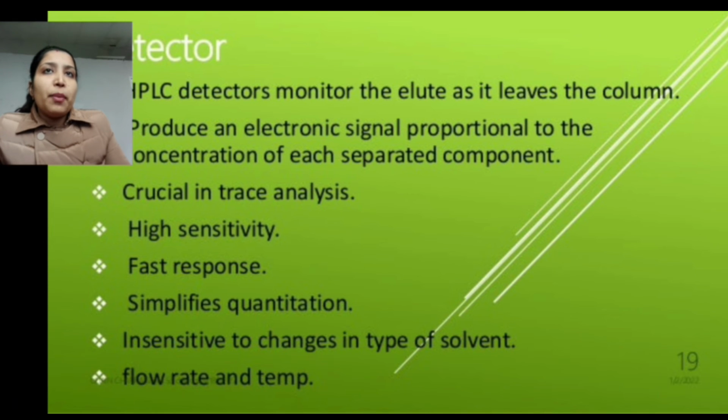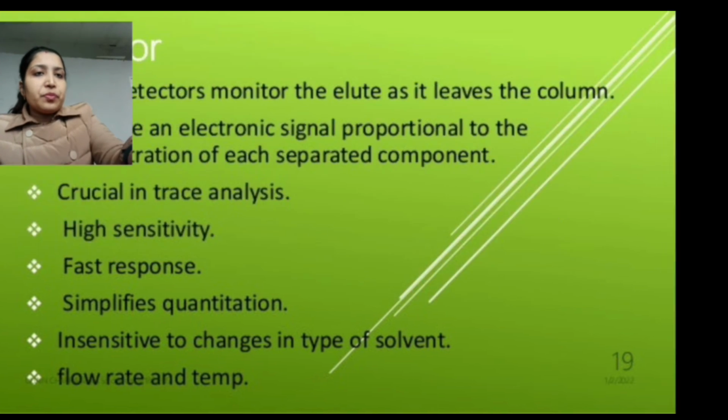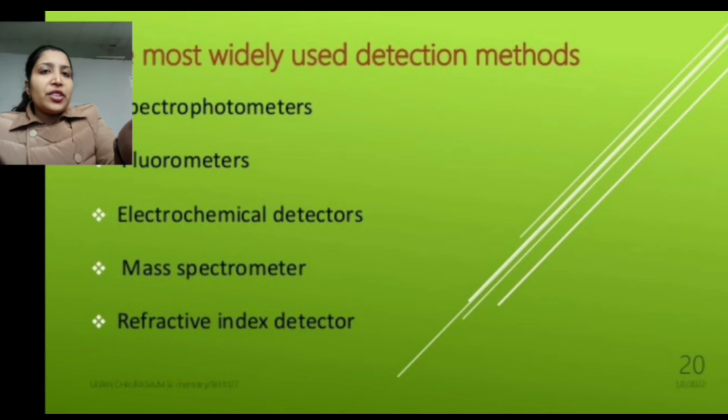Many organic compounds absorb UV light of various wavelengths, and the amount of a particular compound passing through the beam at a time is measured. The most widely used detection methods are spectrophotometers, fluorometers, electrochemical detectors, mass spectrometers, and refractive index detectors.